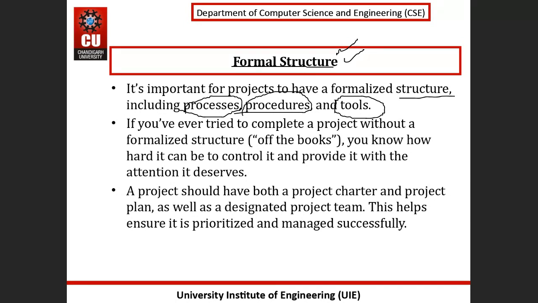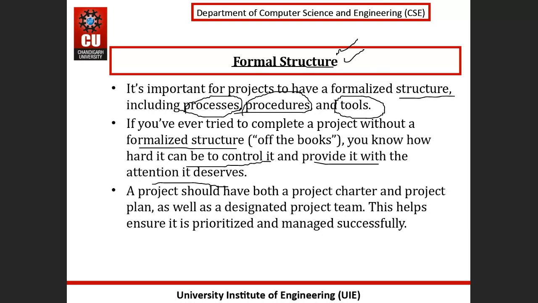Fine. So if you have ever tried to complete a project without a formalized structure, what will happen? You know how hard it can be to control it and provide it with the attention it deserves. If we don't have any plan to complete the task, then it will take a long time. It will be more costly.